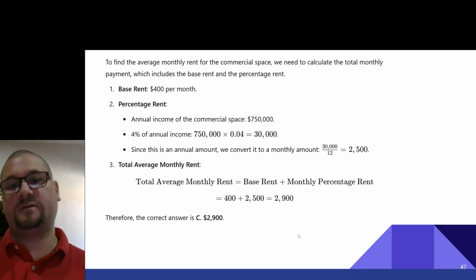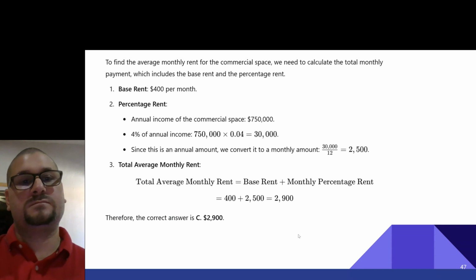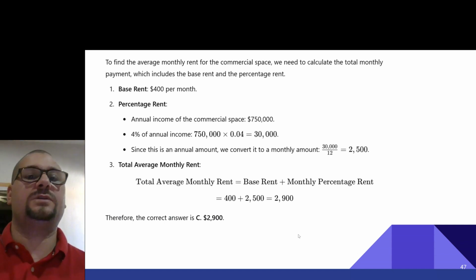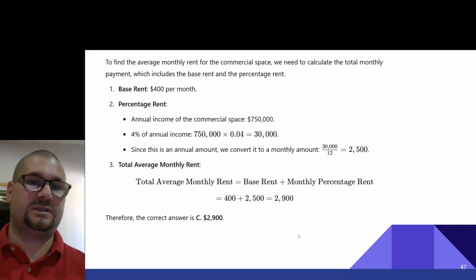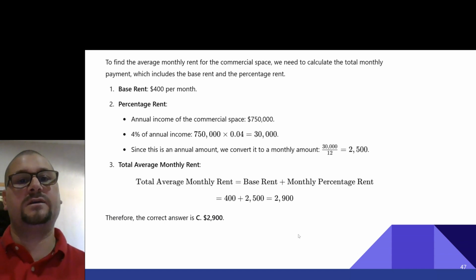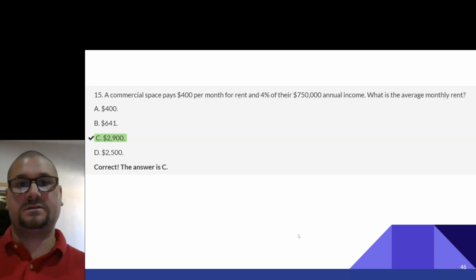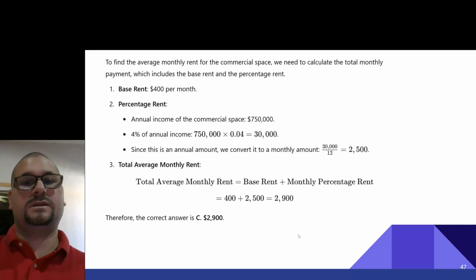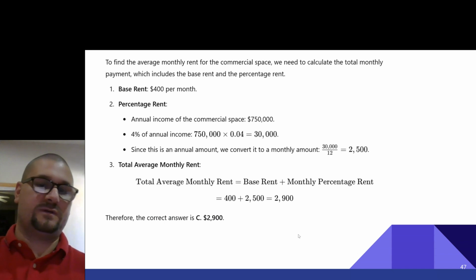That's the real number to figure out. The monthly percentage rent is the annual income of the commercial space, 750 grand, times the 4%, and then divided by 12, you get 2,500. So the monthly percentage rent is 2,500 plus the 400 gives you 2,900.